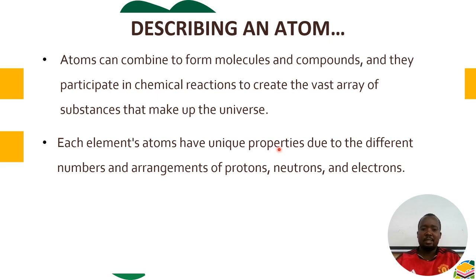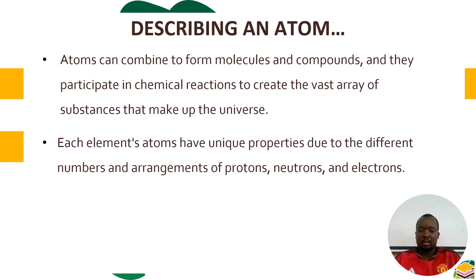Each element's atoms have unique properties due to the different numbers and arrangement of protons, neutrons, and electrons. In other words, this is like the DNA of an element, because you cannot compare the DNAs of, let's say, 2 or 3 people. The DNA of an individual is always unique.